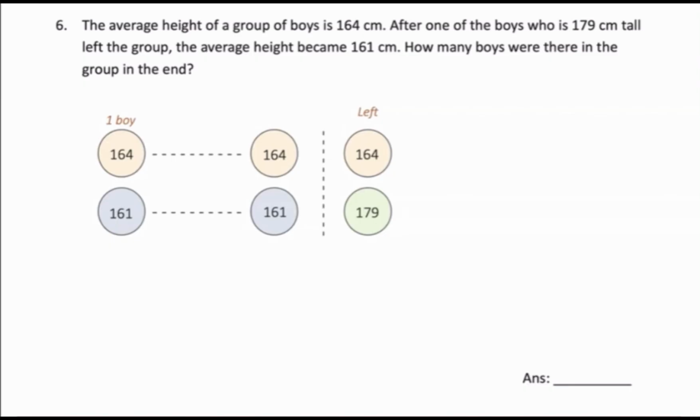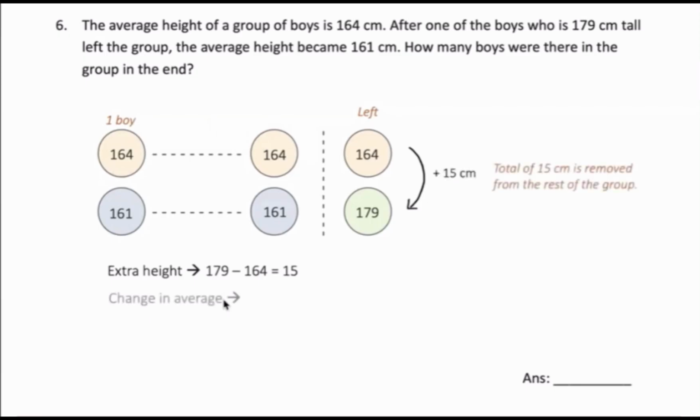The total difference on left-hand side must be the same as the total difference on right-hand side, right? You are just redistributing the difference. Let's find the total difference on right-hand side. 179 minus 164. So we are going to redistribute this 15 across here, okay? Each group, the difference is 164 minus 161, 3.